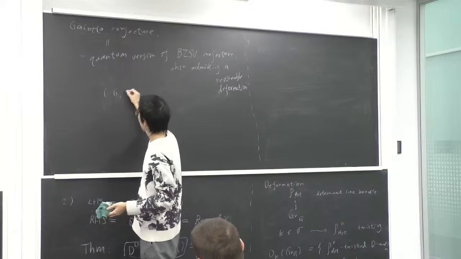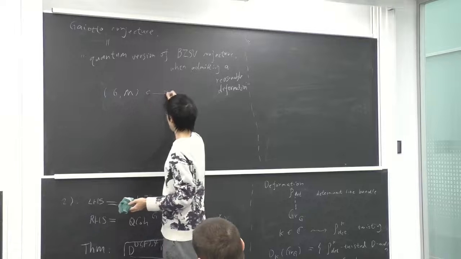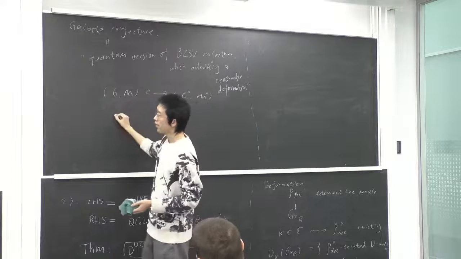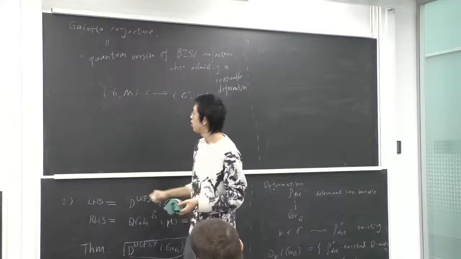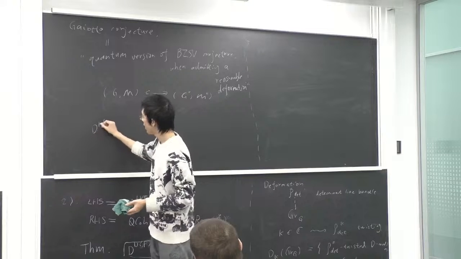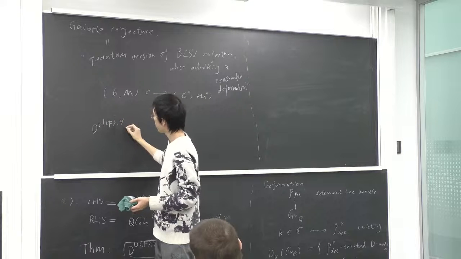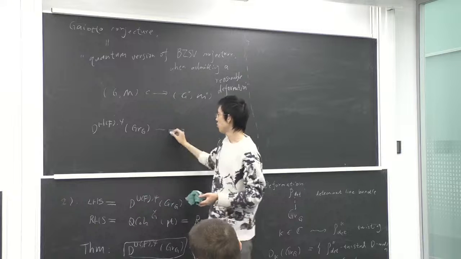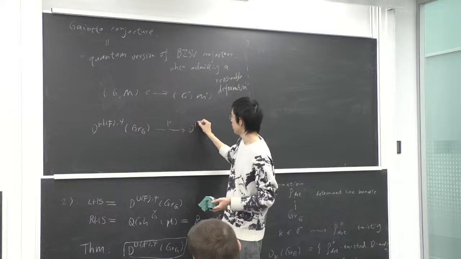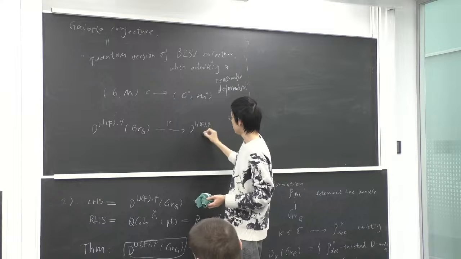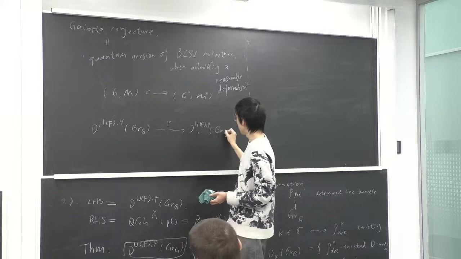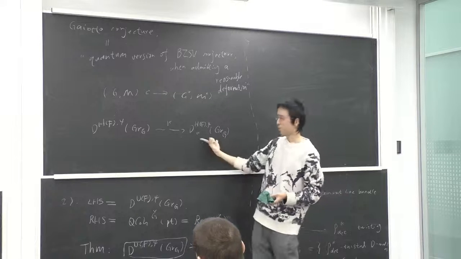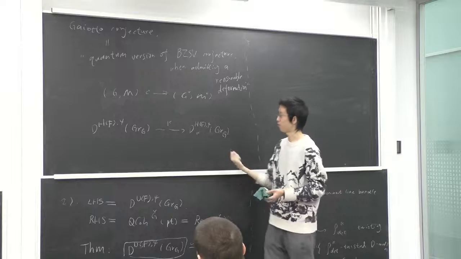Okay, for the hyperspherical duality pair, we have G and G check, M and M check. And for the latter part of your Ben-Zvi conjecture, you consider the category of H-equivariant modules on the Grassmannian, and you want to consider its deformation, which is the H-equivariant twisted modules on the Grassmannian. It has a good deformation, meaning this deformation is good.